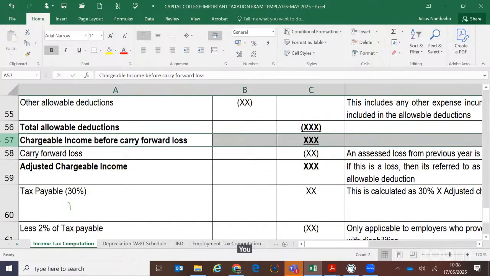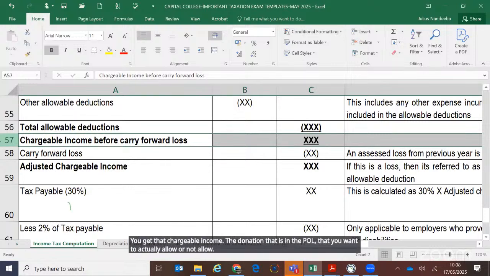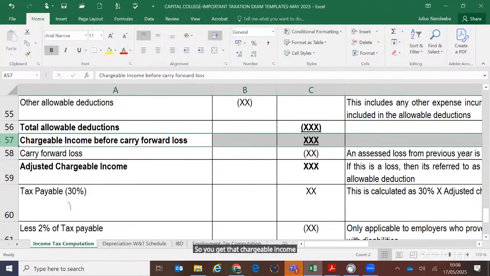You get that chargeable income, and the donation that is in the POL that you want to actually allow or not allow. Add back that donation, first get the total. The total you get, apply 5%.